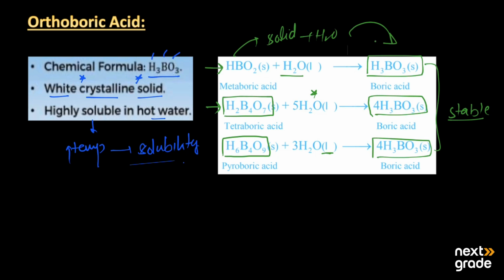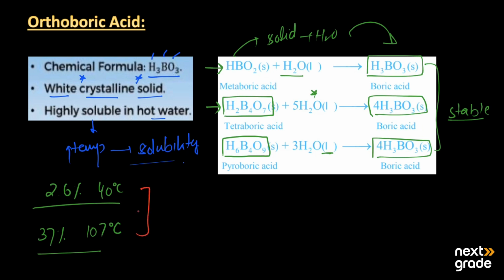On the other hand, it is sparingly soluble in cold water and its solubility is 2.6% at 40 degrees Celsius. But when we increase the temperature from 40 to 107 degrees Celsius, it becomes 37% soluble. This temperature variation in solubility is based on its properties and it can also be helpful for two main purposes.